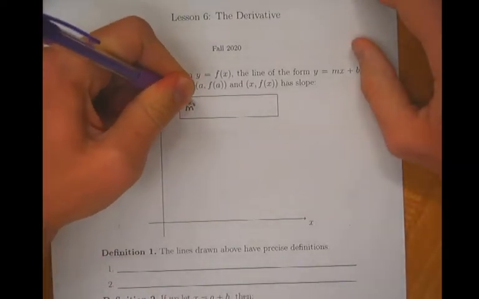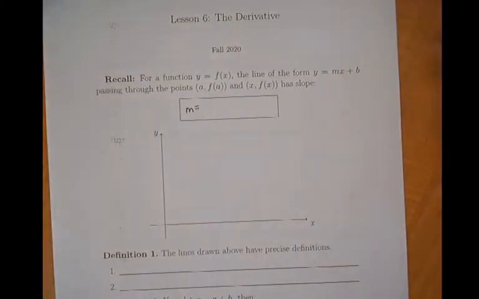If we harken back to high school algebra, or whichever math class you saw this in, if you remember the slope equation, what form did that have? What was the slope equation you learned in high school? Right. You had slope equations of the form m equals y2 minus y1 over x2 minus x1.